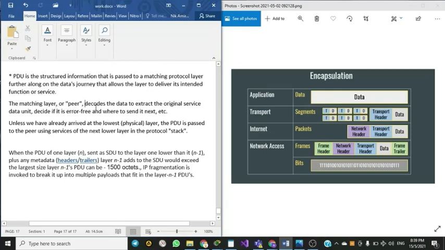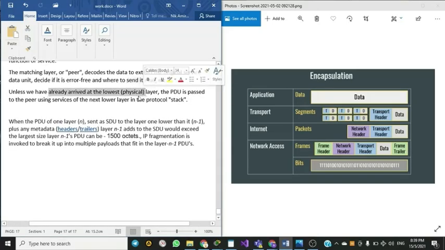The matching layer, or peer, decodes the data to extract the original service data unit, decides if it is error-free, and decides where to send it next. And once we have arrived at the lowest layer, the PDU is passed to the peers using the services of the next lower layer protocol in the stack.